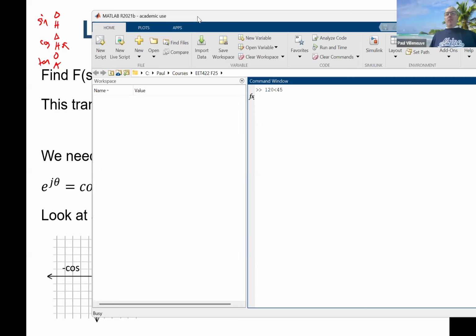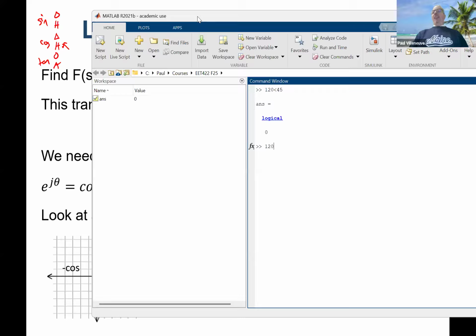Yeah, that's 120 less than 45, right? You just typed the less than symbol. So that's a logical 0. It's asking a question: is 120 less than 45? And the answer is nope, it ain't. So it is valid syntax, but that's not what I was asking. I want 120 at an angle of 45. So where's the angle symbol in MATLAB?